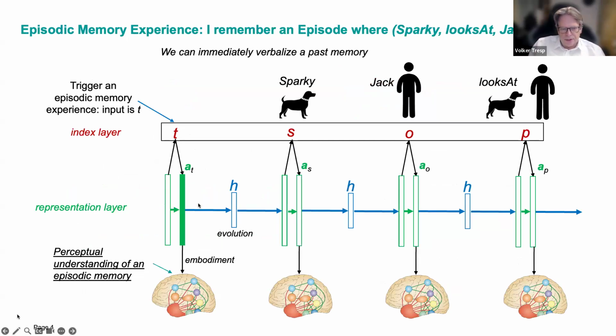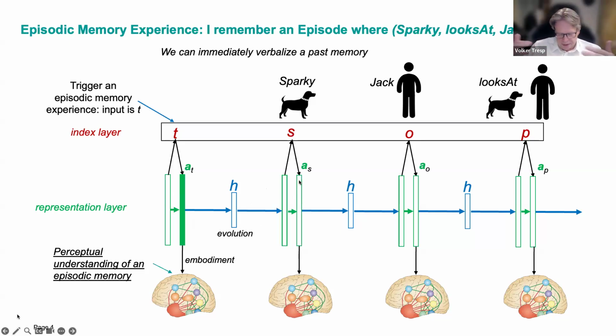This information is then propagated in time. So this gives us some visual impression maybe of this past memory, of this past episode. But then we are already starting the decoding. So we recall there was Sparky in the image. By decoding this embedding vector, Sparky then is activated and reactivates the representation layer.